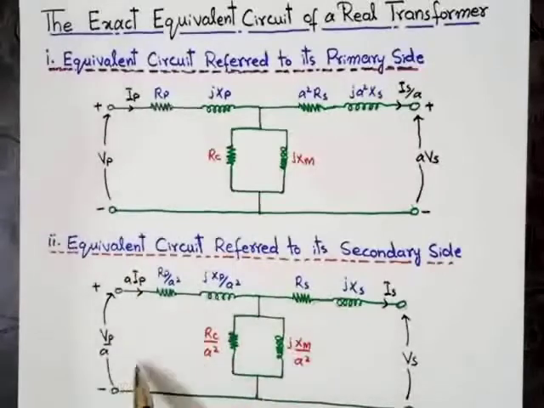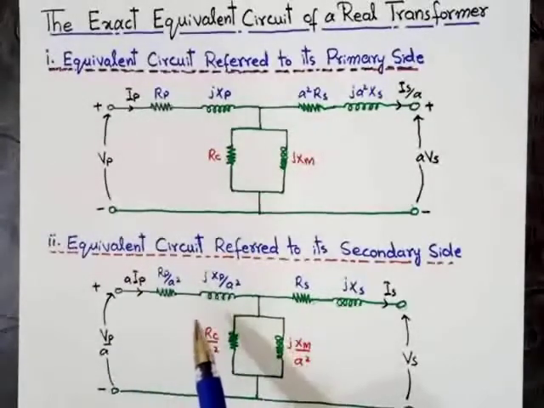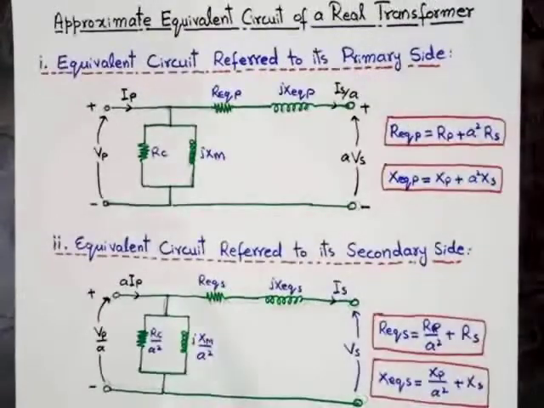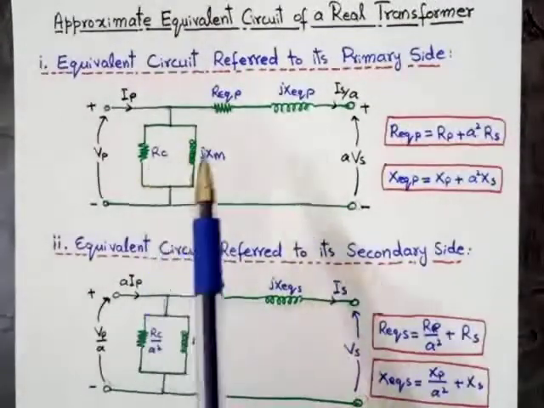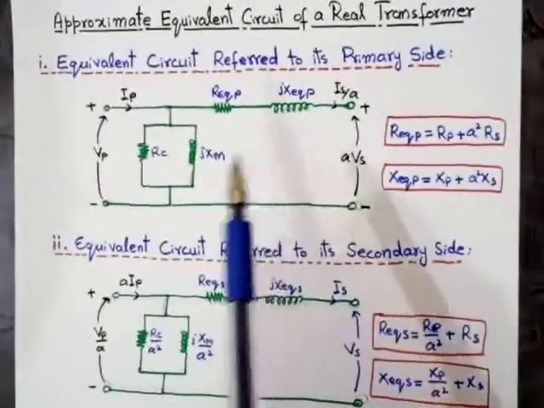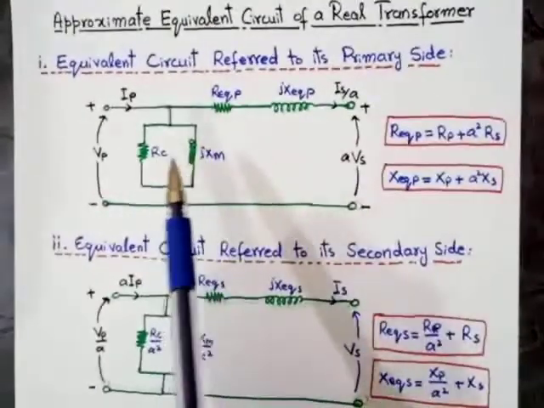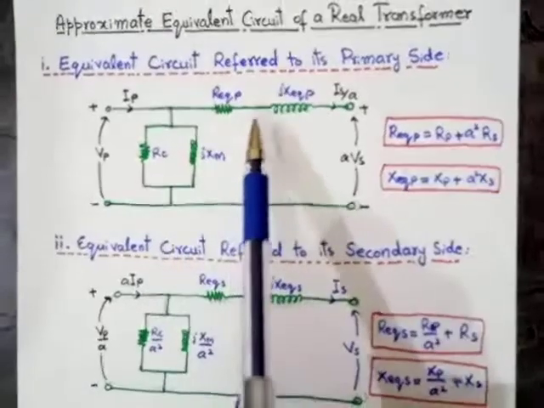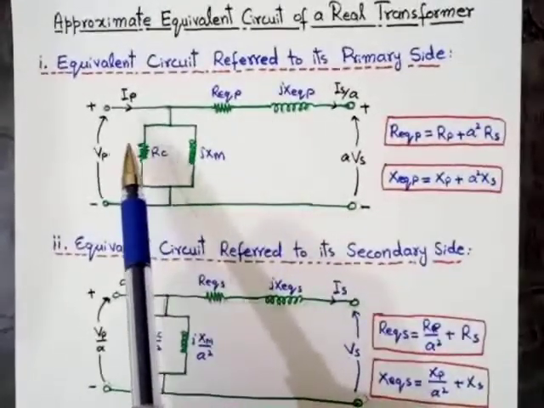Now we draw the approximate equivalent circuit to further simplify. So this is the approximate equivalent circuit of a real transformer, in which we have transformed this branch from this point to this point.